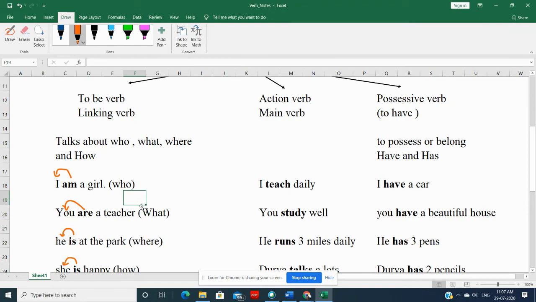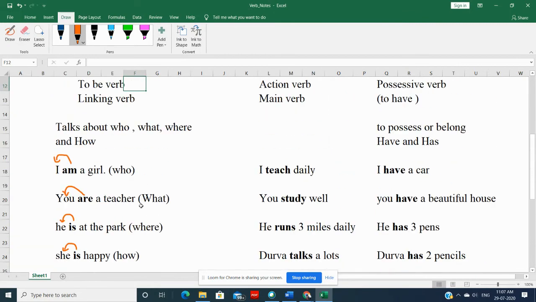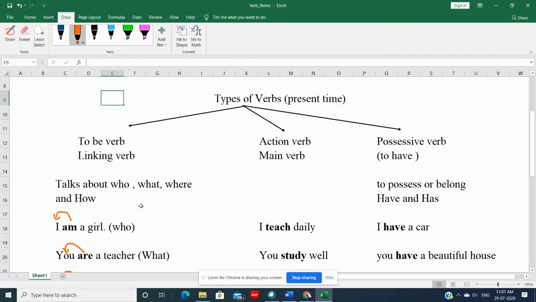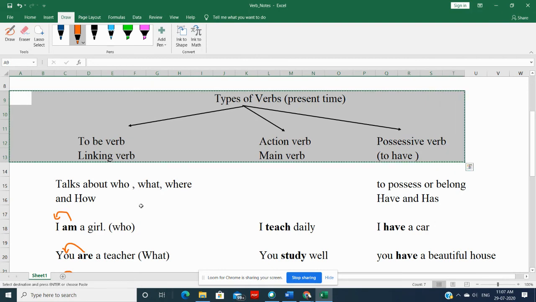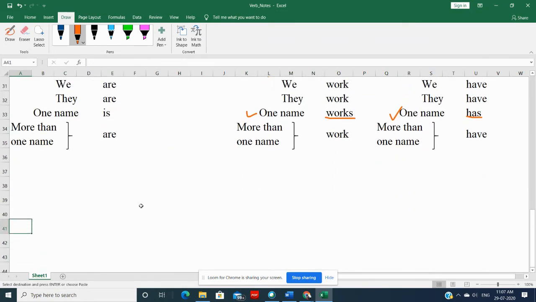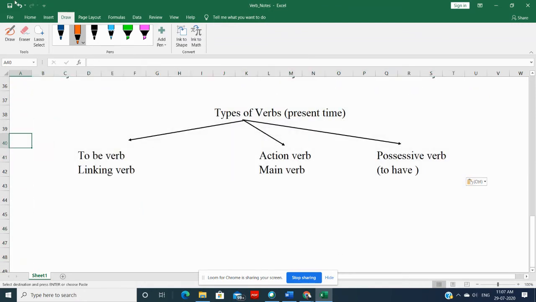Okay? Now, there is one more combination verb. Let's see that quickly. See, now as you can see here, there are different types of verbs, right? See, there is one more type of verb we can make using or combining this to be verb and action verb.